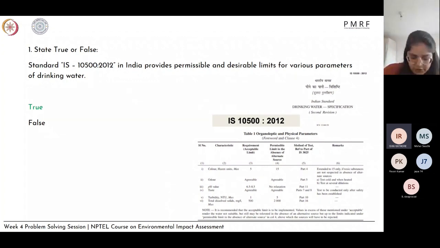So the statement is true. The Indian standard 10500 provides a drinking water specification, and it has tables which look at the characteristics of drinking water and their permissible limits for the different sources. So the statement is true. So true is the correct answer.